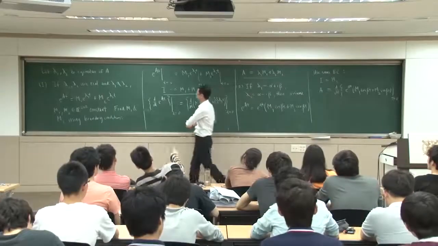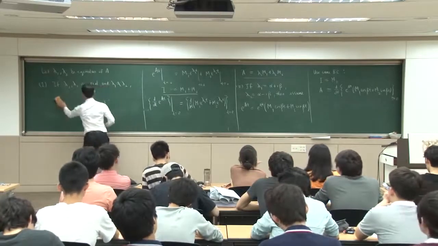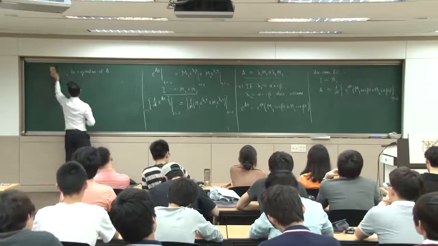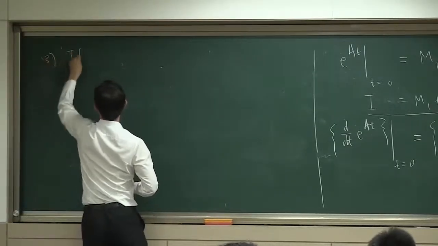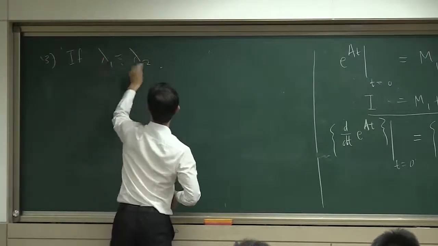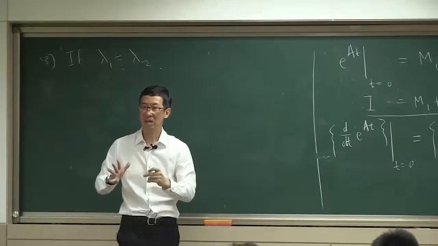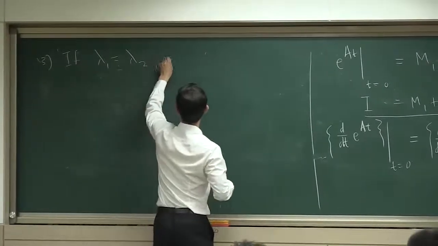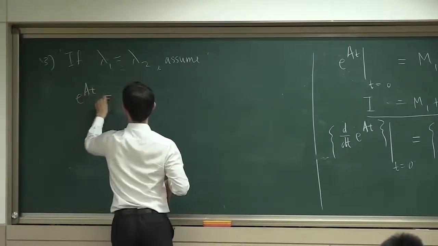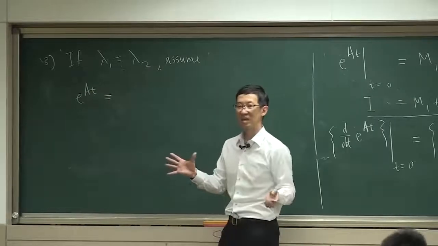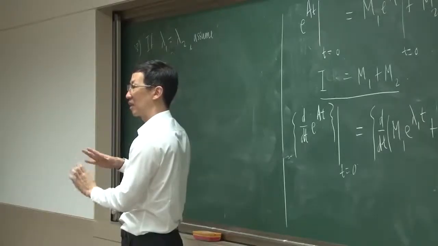Let's go over here. Okay, case 3. So if lambda 1 equals lambda 2, the two eigenvalues are identical, then assume that e to the at equals, all right, so what was the assumption for the second order linear differential equation case that you studied as a freshman or sophomore?